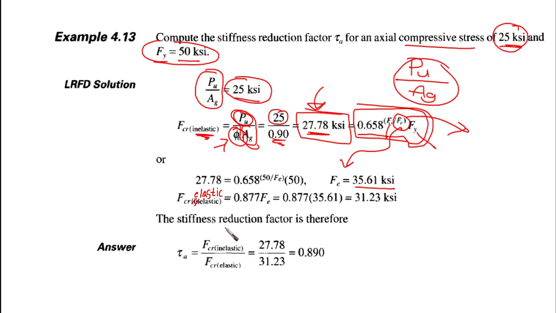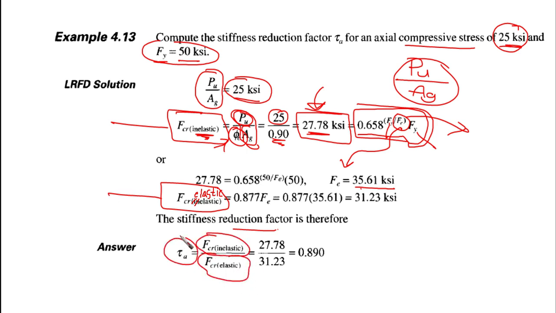So the stiffness reduction factor in this case is going to be the ratio between Fcr inelastic over Fcr elastic. This is the ratio between the two. This is tau alpha. 27 over 31 gives us 0.89. What is the meaning of 0.89?